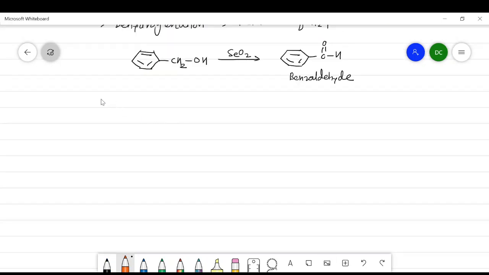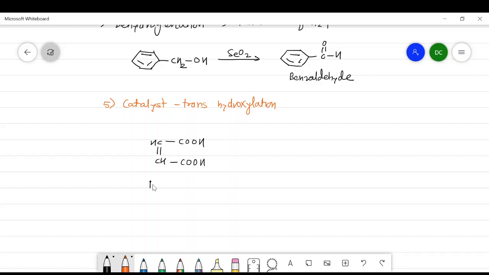The last application of this SeO2 is that it acts as a catalyst in a trans-hydroxylation process. Trans-hydroxylation is the addition of OH groups across a double bond, where these OH groups are opposite to each other. For this purpose, we take the example of maleic acid, CH double bond CH, and this carbon is attached to COOH, and this carbon is also attached to COOH.